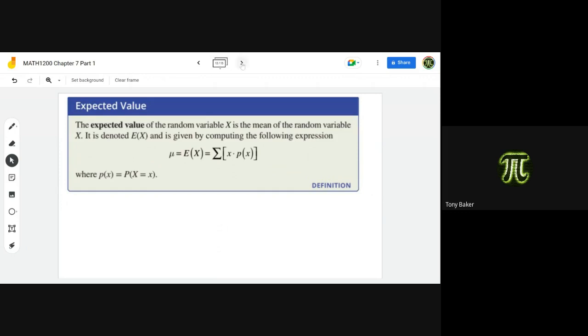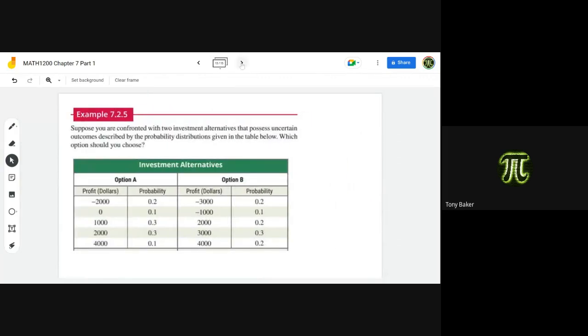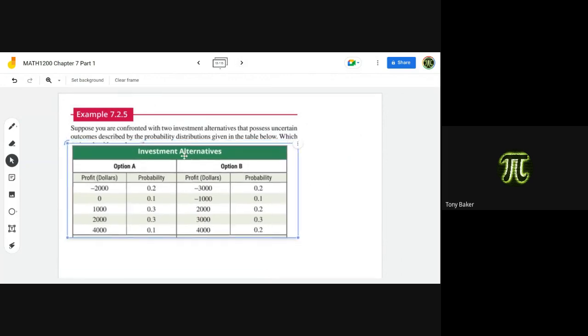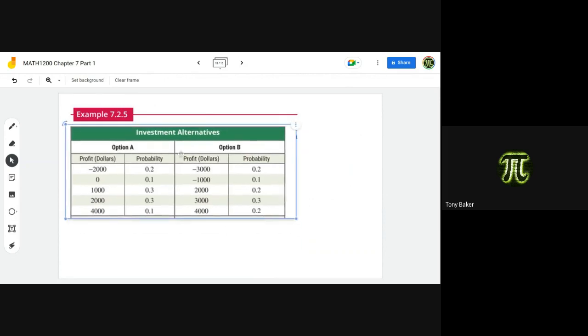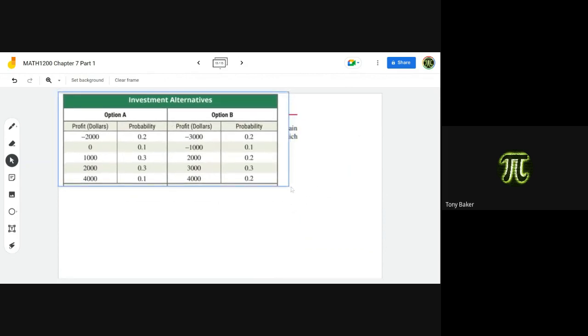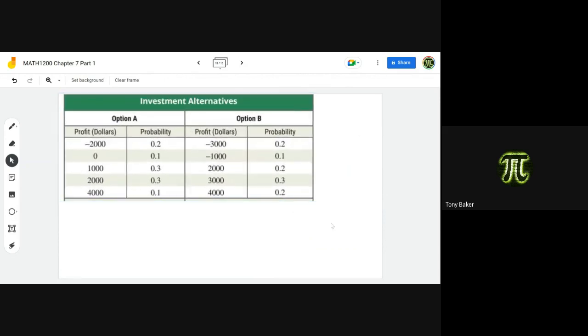So let's look at an example. These are 2 investments. I will let you take your picture before I move things around. I'm going to hide the word problem because we don't really need it. The question is what would be the expected value of option A, for example?